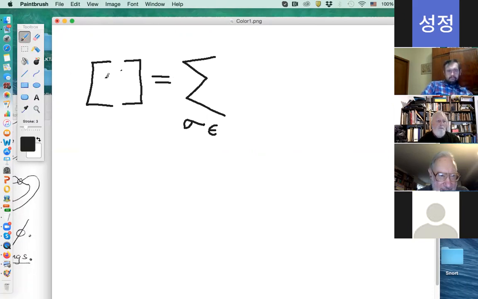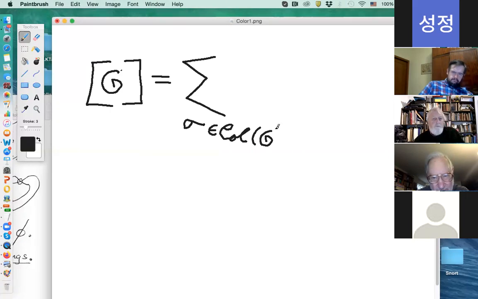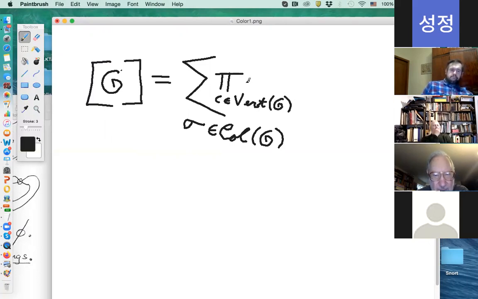All right. The sigma belonging to the colorings of G, by which I mean colorings with 3 colors at a vertex. The product over the C belonging to the vertices of G of what I'll call sigma of C. And sigma of C is going to be equal to plus or minus the square root of -1.